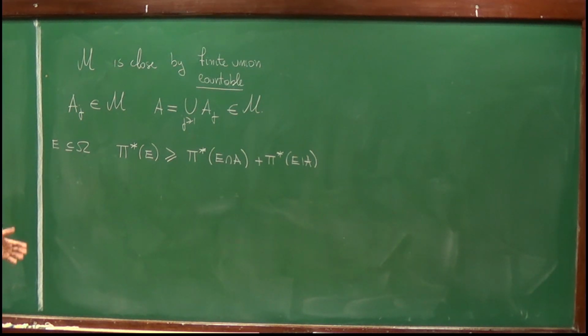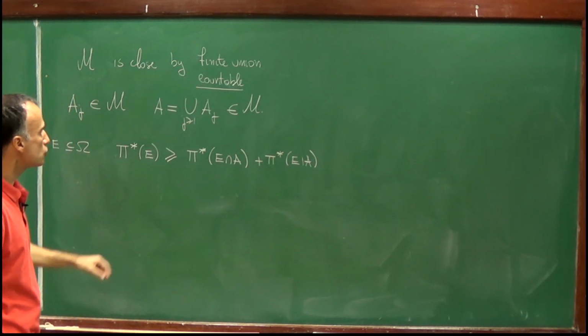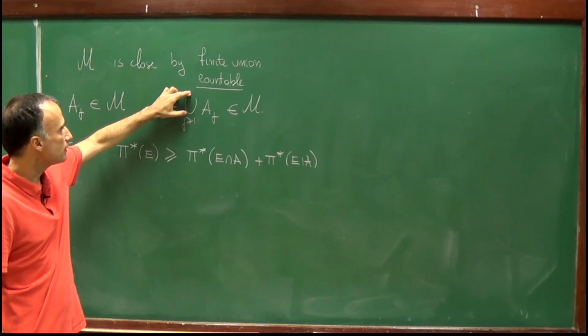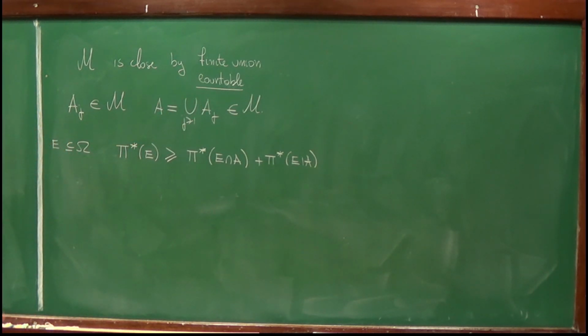And we know already that M is closed by finite unions. So if I stop this union at any n, I know that this union belongs to M. And we will use that.